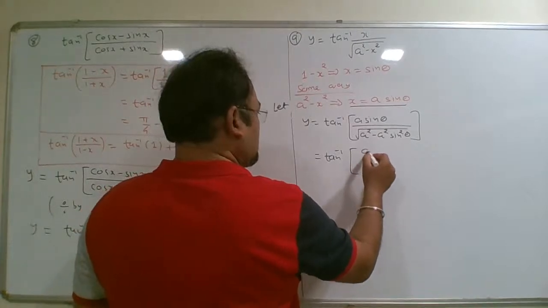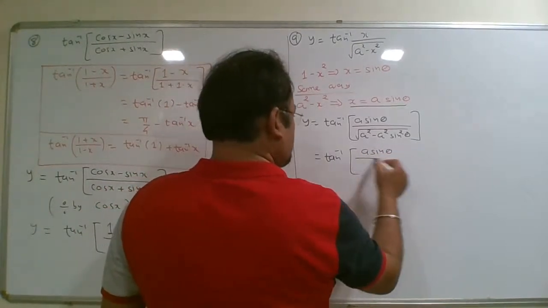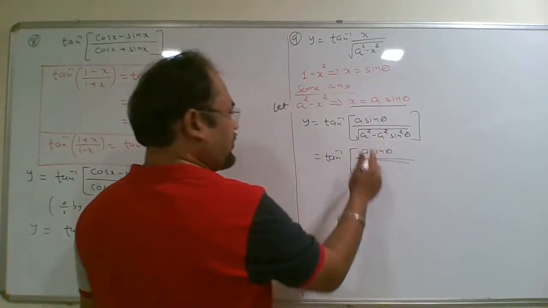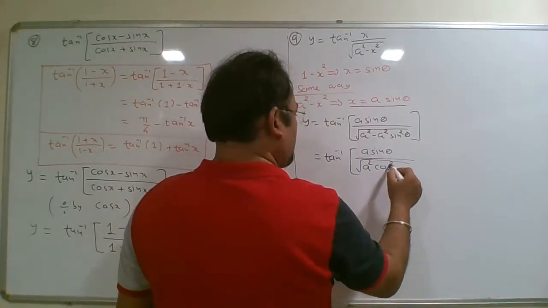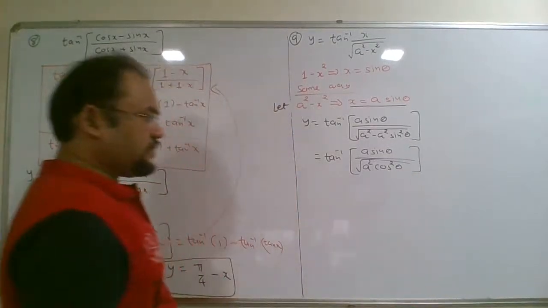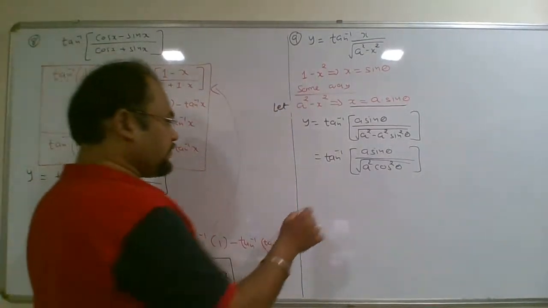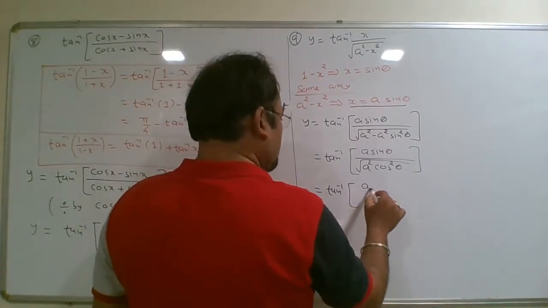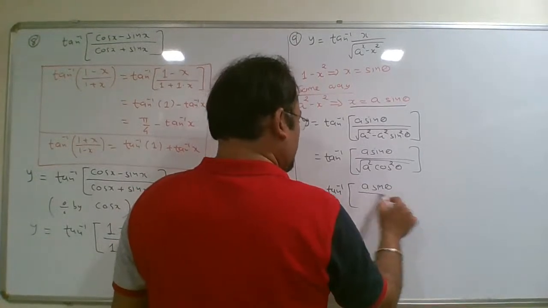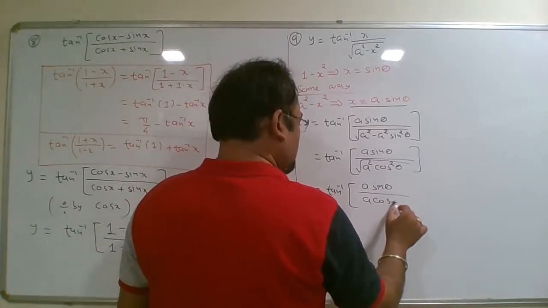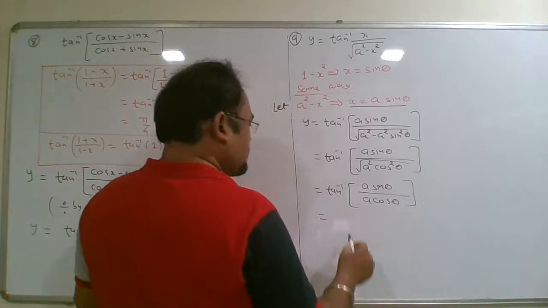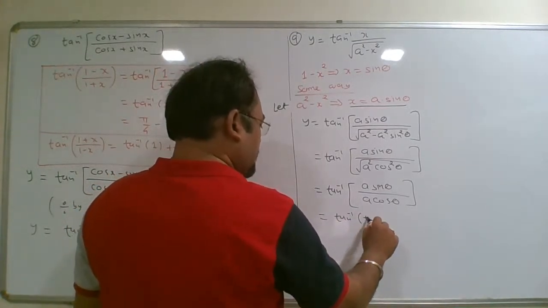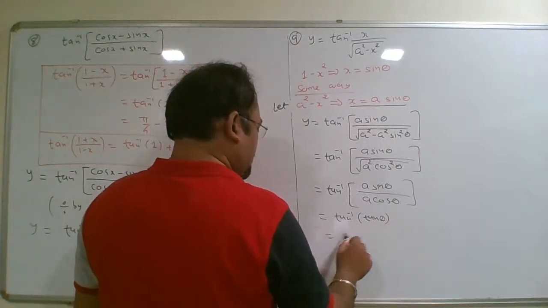Simplify this: a square common, and 1 minus sine square equals cos square theta. So it is a square cos square theta under root. So tan inverse of a sine theta divided by a cos theta, which is equal to tan inverse of tan theta. That is theta.